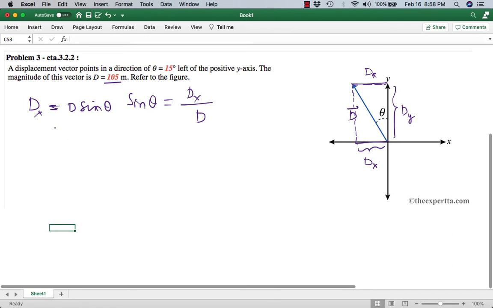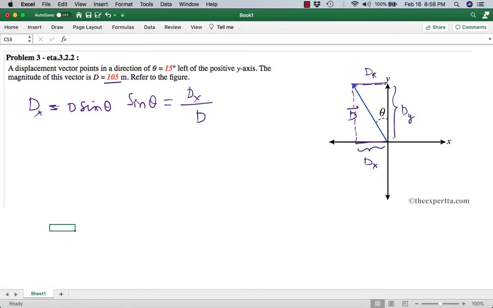And we want to write this in terms of the unit vectors i and j. When we write unit vectors, we need to think about which way it is pointing. So this dx is on the left side of the y-axis.